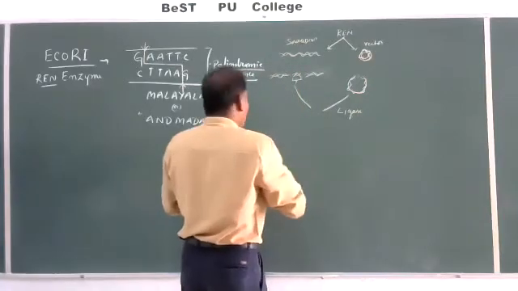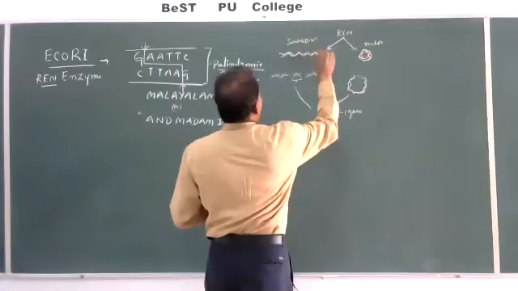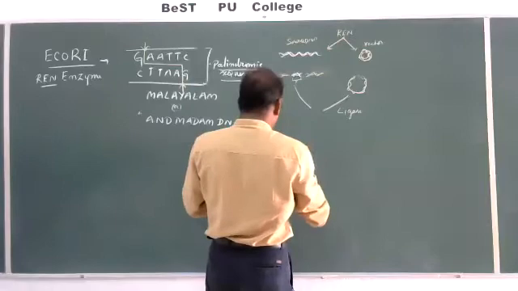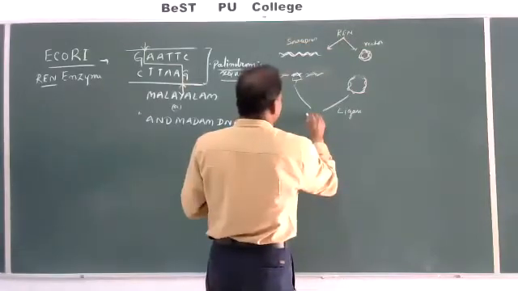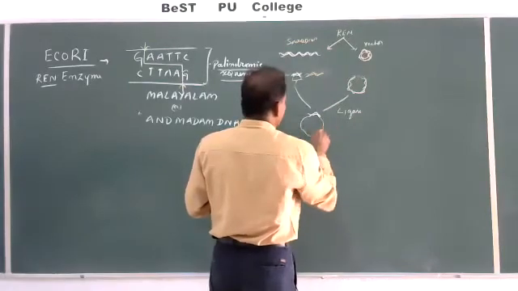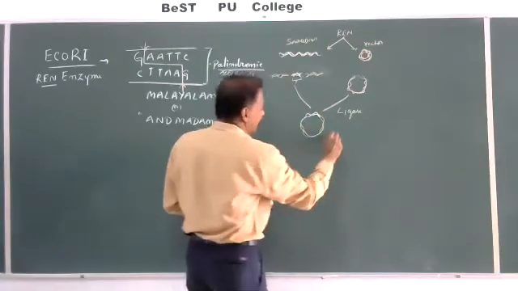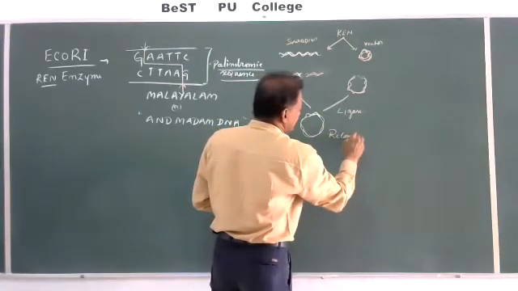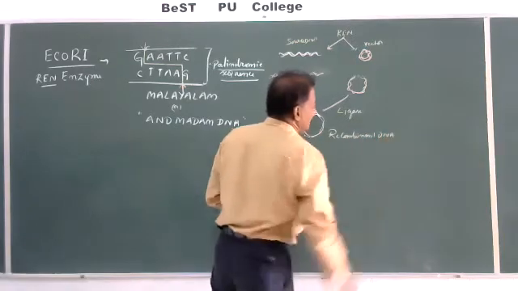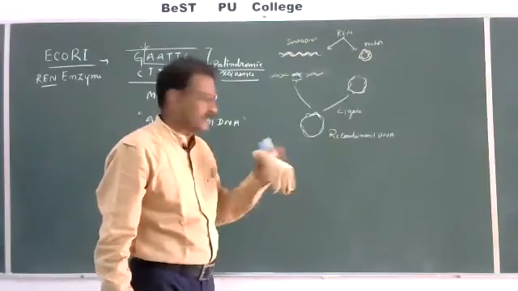Now, for identification, I am going to show you white colored. So white color, and this is red color. When we join, you will get a recombinant DNA, which is given on page number 196, 197.